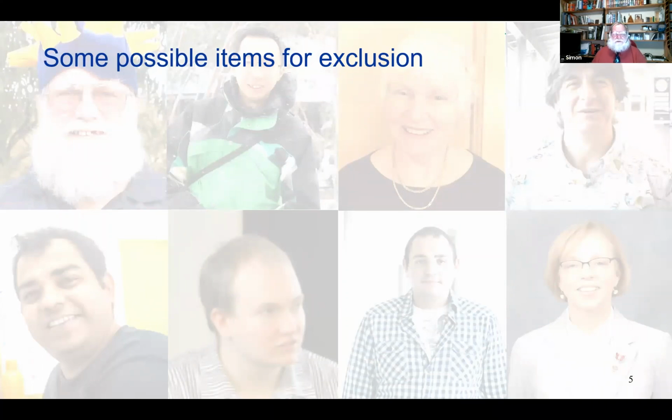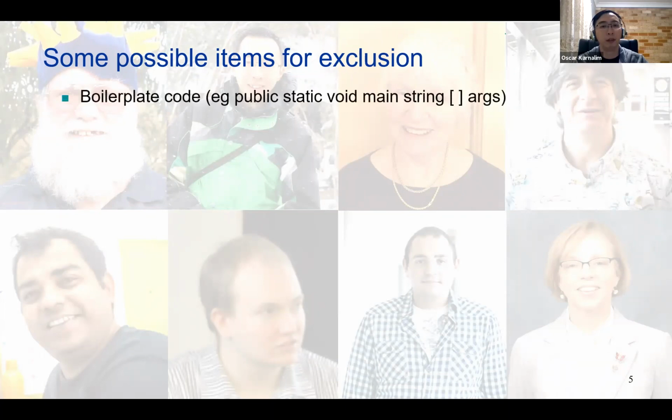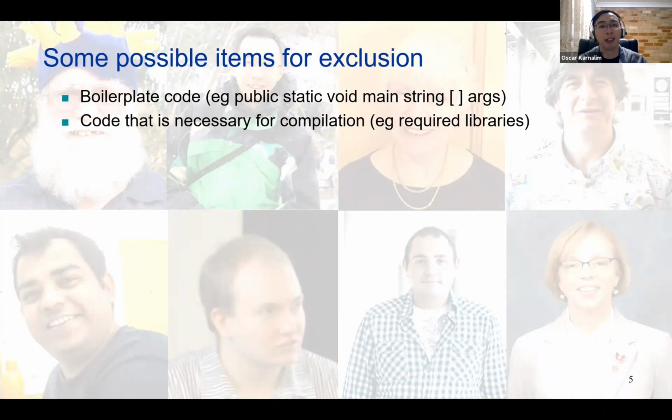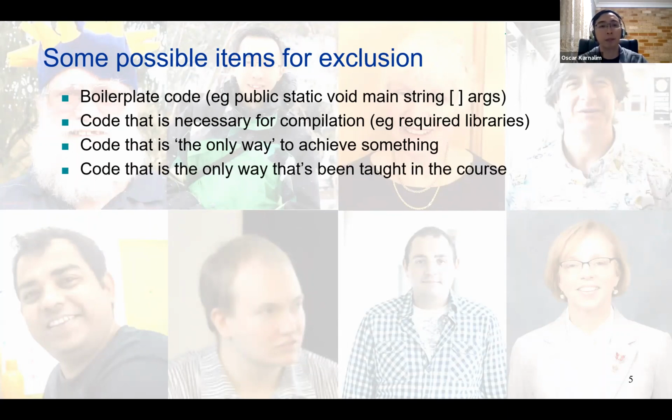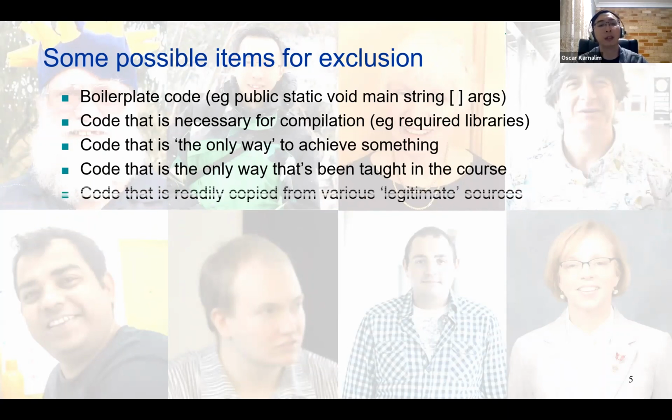Okay, so there are several possible items for exclusion. The first one is boilerplate code, like public static void main string args. Code that is necessary for compilation purposes, like required libraries. Code that is the only way to achieve something. Code that is the only way that has been taught in the course.